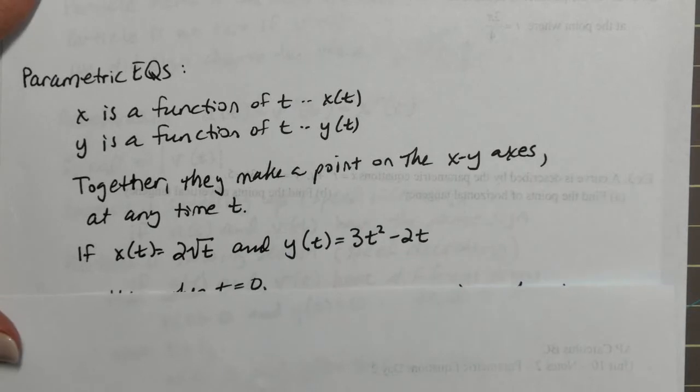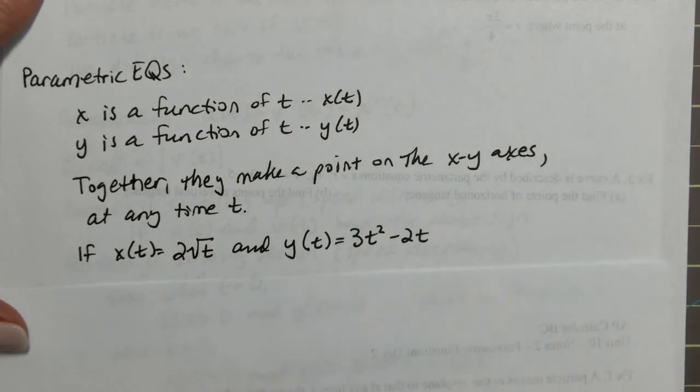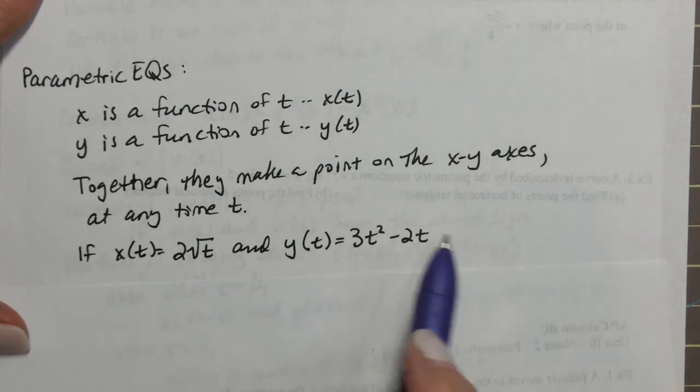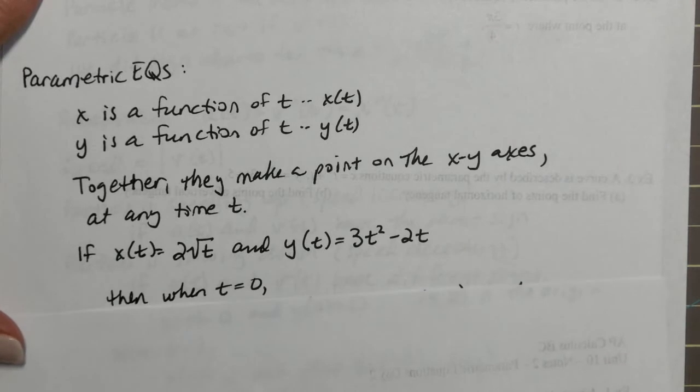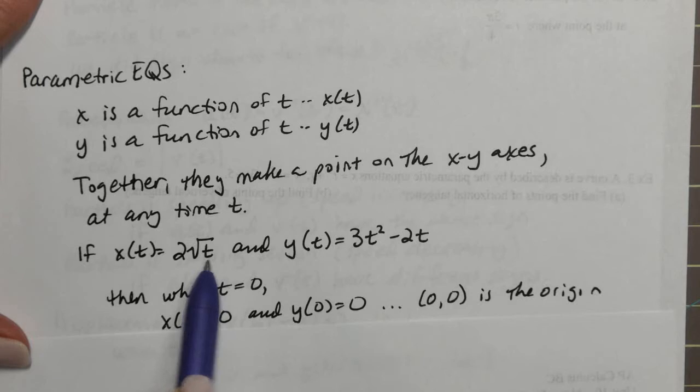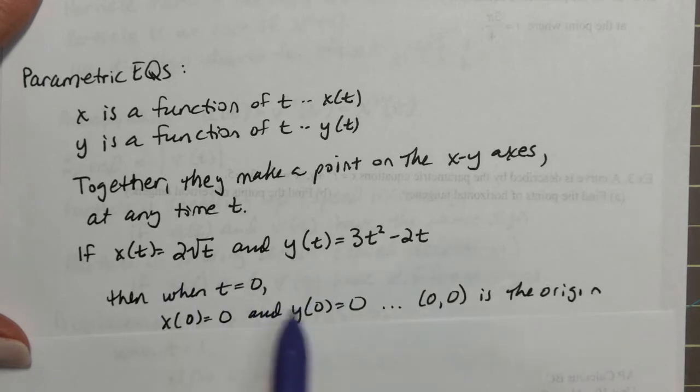So for instance, let's say that we have x of t is 2 square root of t, y of t is 3t squared minus 2t. When time is 0, we can put 0 in for t in both x and y, and we get a location, a position of the particle.